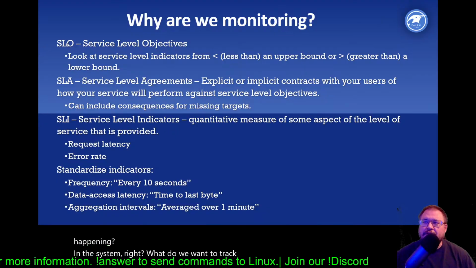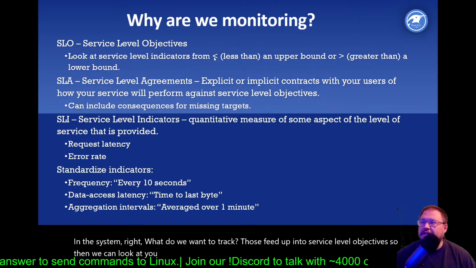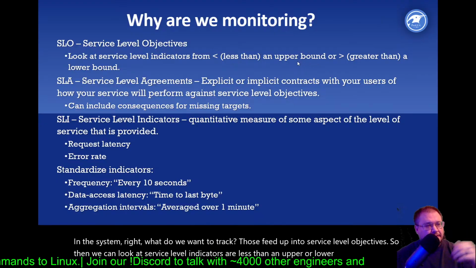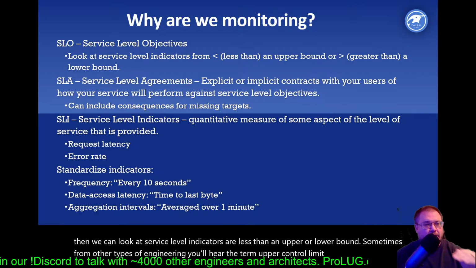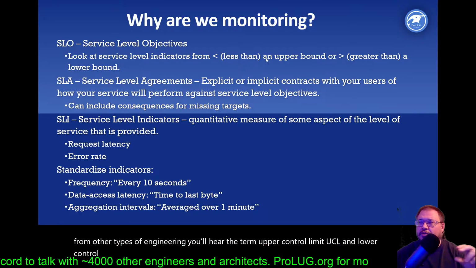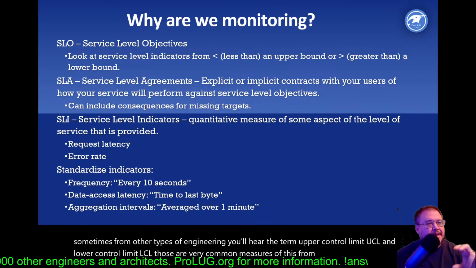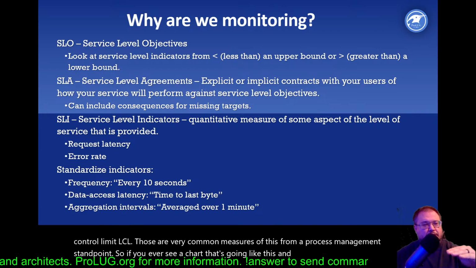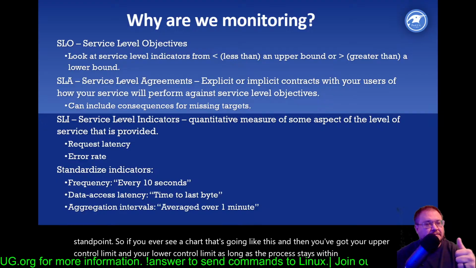Those feed up into service level objectives. So then we can look at service level indicators being less than an upper or lower bound. Sometimes from other types of engineering, you'll hear the term upper control limit, UCL, and lower control limit, LCL. Those are very common measures of this from a process management standpoint. So if you ever see a chart that's going like this, and then you've got your upper control limit and your lower control limit, as long as the process stays within those tolerances, it's fine, right?